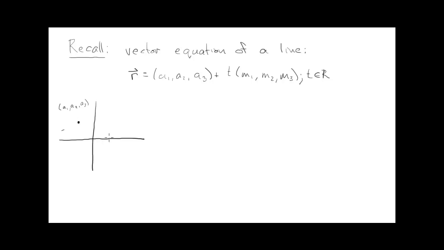Let's say our direction vector was here, so this was m1, and if you repositioned it up at this point, then the t moved you along the line, along different values of t, and then you got all the points on the line.